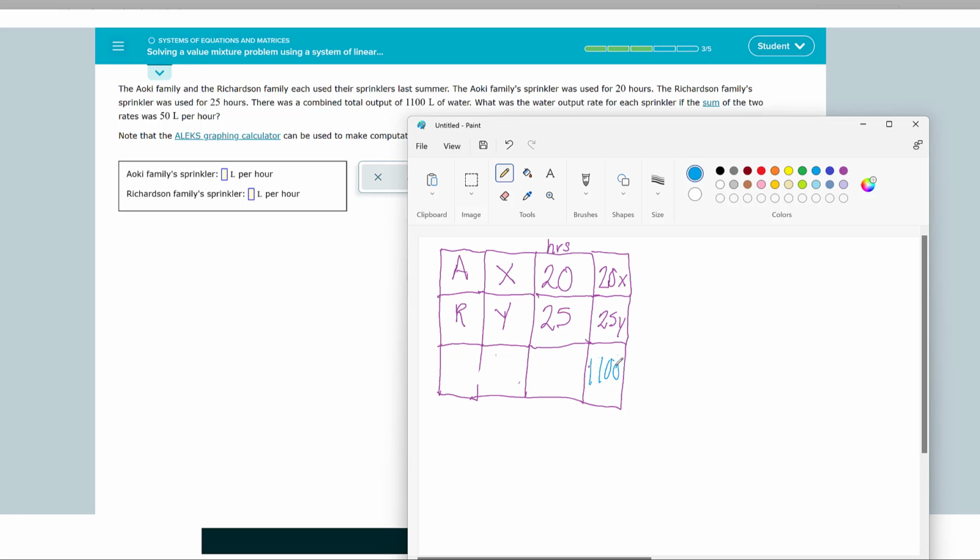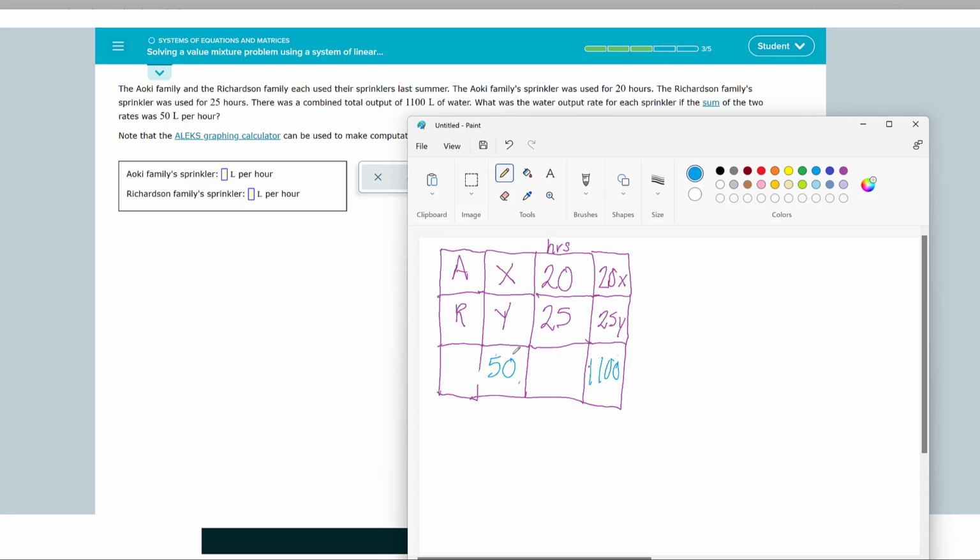What was the output rate for each sprinkler if the sum, which means addition, of the two rates was 50 liters per hour? So their sum was 50 liters per hour.